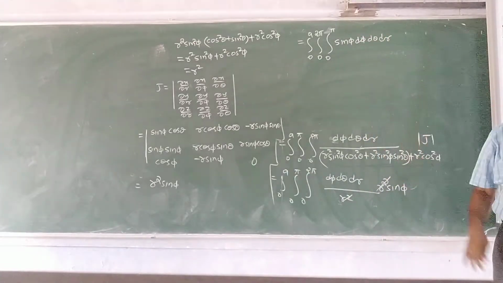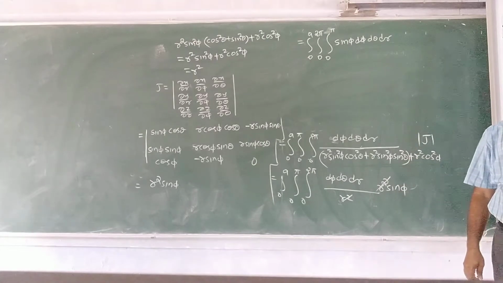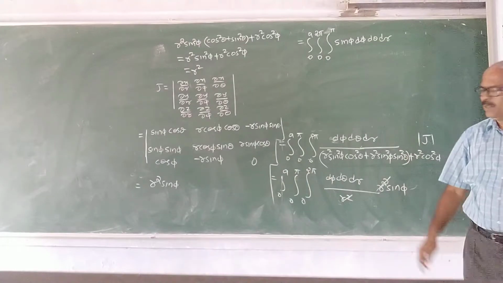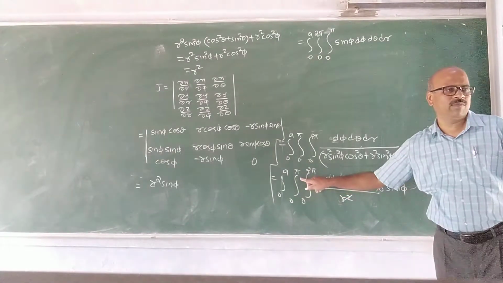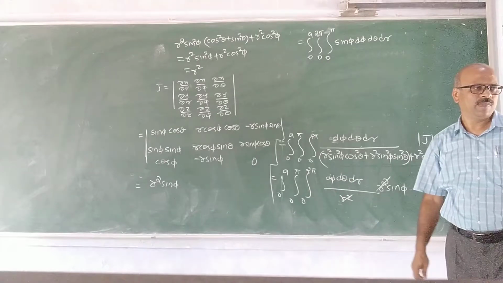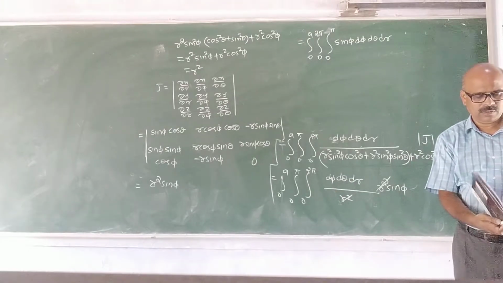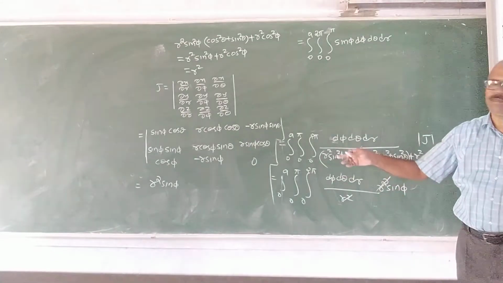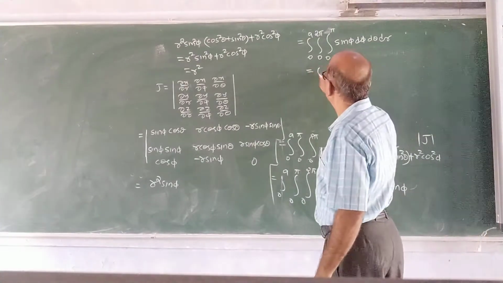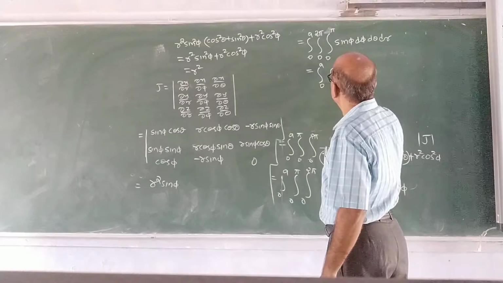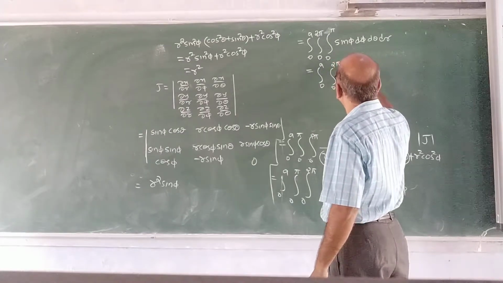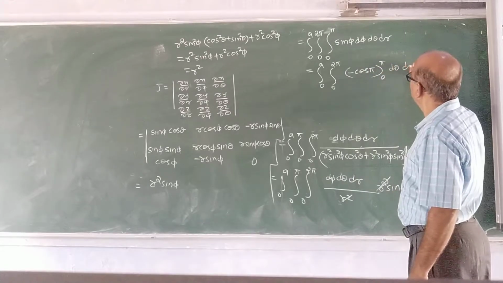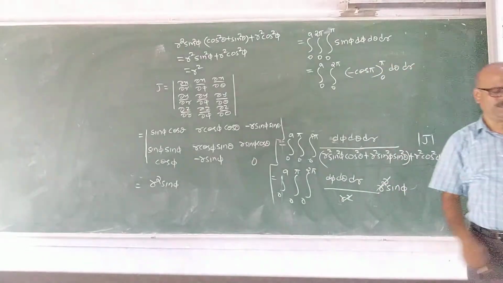I interchange the order of integration. You can interchange, but the limits also must be changed. Limits assigned to phi are 0 to pi. Am I correct? What are the limits assigned to phi? 0 and pi. So it is 0 to a, 0 to 2 pi, minus cos phi from 0 to pi, d theta dr. What is the integration of sin phi?